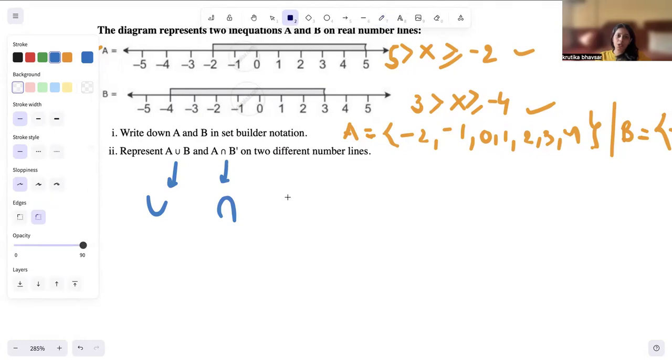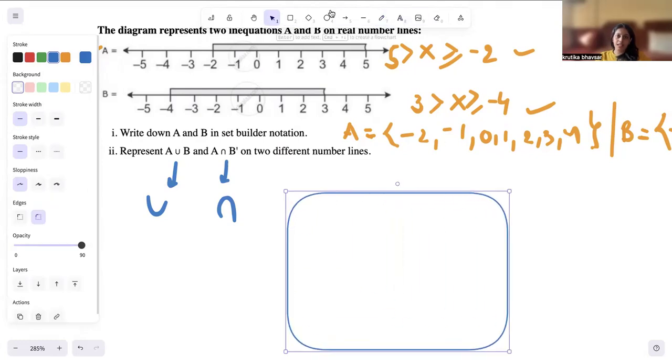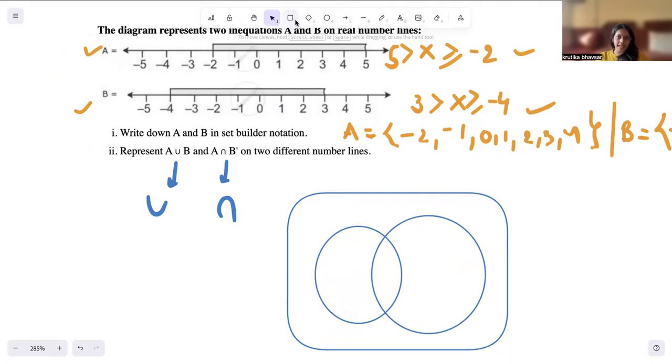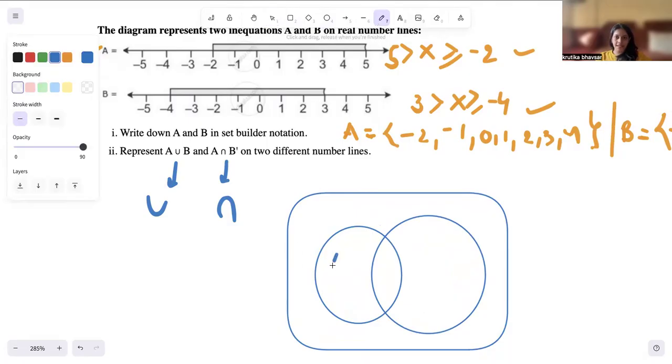Now, let's suppose you have these two sets. This is A and this is B. What is A intersection B?